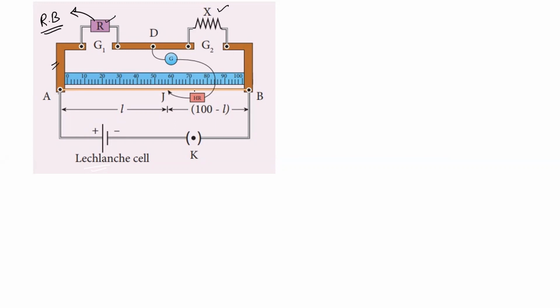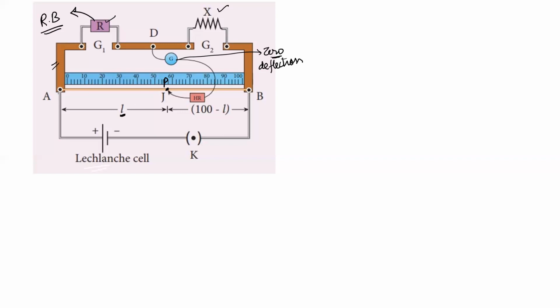So from point A, we start moving the jockey over the wire, and we find that at a particular point P, the galvanometer shows zero deflection. Zero deflection. As we know that this wire is on the meter scale, we will come to know that at a particular length, the galvanometer shows zero deflection.